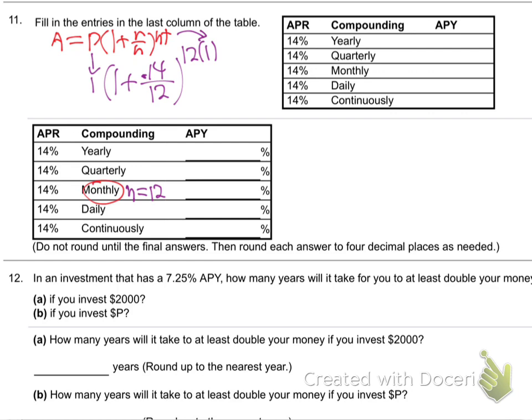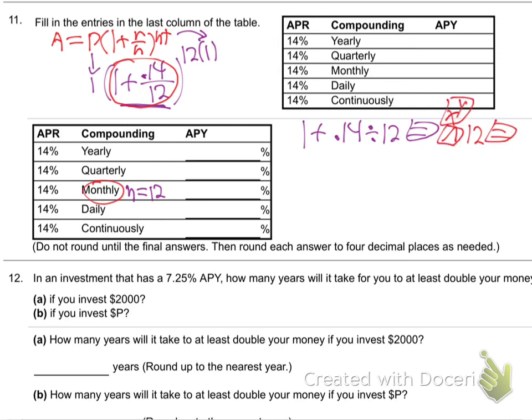Okay, so same kind of thing. I would start with the inside, just put that into your calculator, and hit enter, right? Getting the idea of how I do that? Just type in 1 plus 0.14 divided by 12 equals. So then you've got that whole inside, and then go to the power 12, or maybe your power button is x to the y, whatever your power button is.